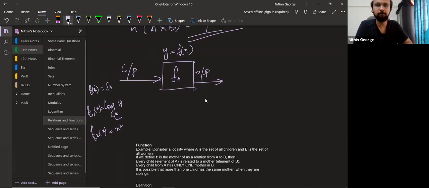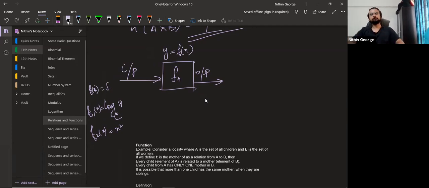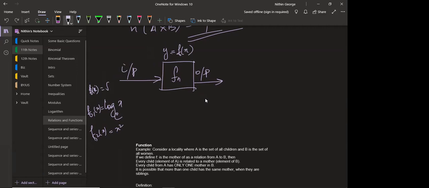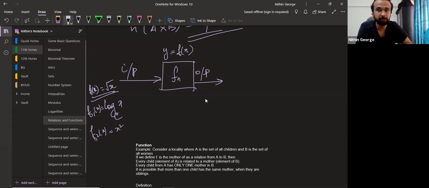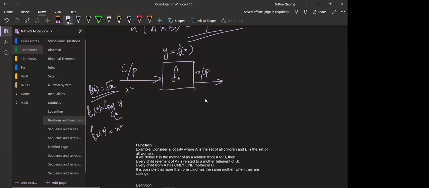Okay, so what do you mean by input? Domain. Domain, exactly. Whatever you feed to the machine is the input. Whatever possible values you can feed to the machine will be the input. So if I say f of x equal to root of x, what are the possible inputs they can put? Positive real number. x greater than or equal to 0.